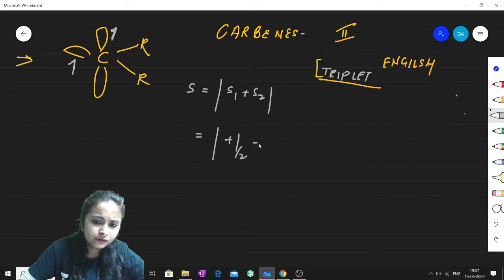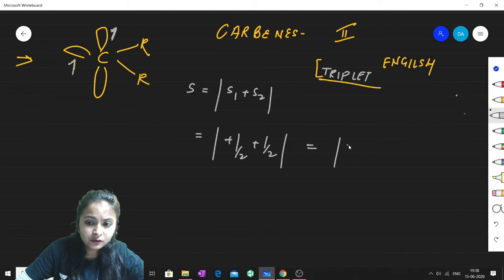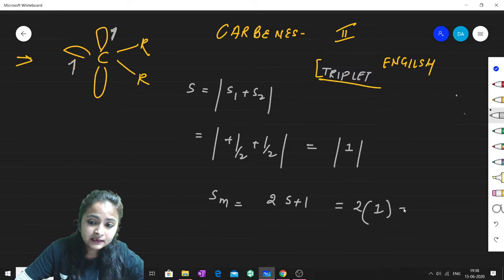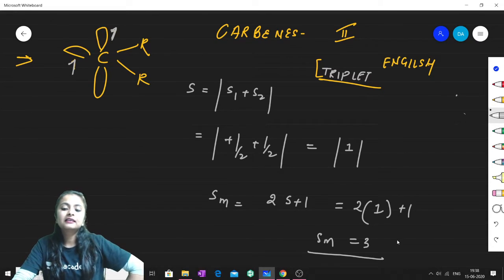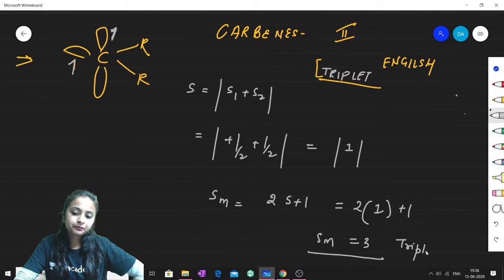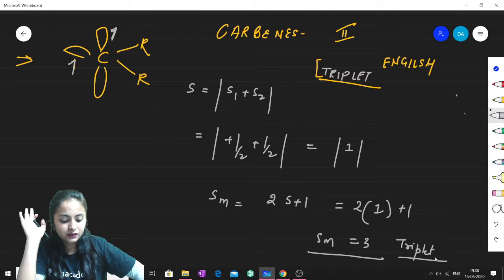I can use either plus half or minus half, it does not make any difference. Ultimately the answer is 1, so the spin quantum number came out to be 1. The formula for spin multiplicity is 2S plus 1, and with S equal to 1, it is 2 times 1 plus 1, which equals 3. As the spin multiplicity came out to be 3, we say that this is triplet. I hope this part is very much clear to you all.